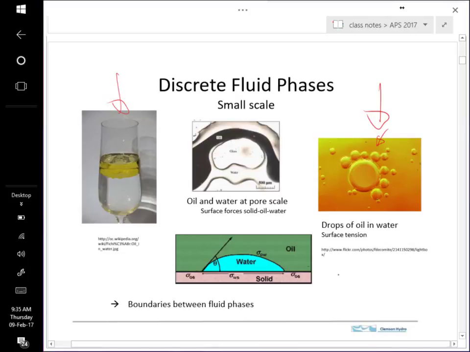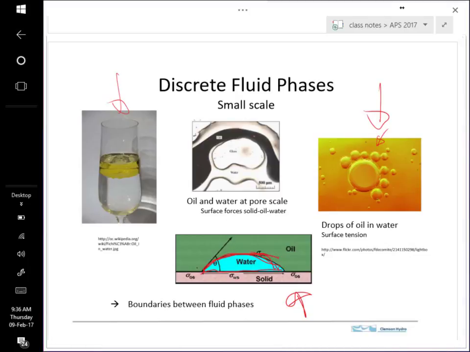So at small scale, we've got this picture here, and here's a little droplet of, well, this is water and oil now, and there are forces between the two liquids here, and then between the water and the solid that will control the dynamics of the water and oil and solid mixture.